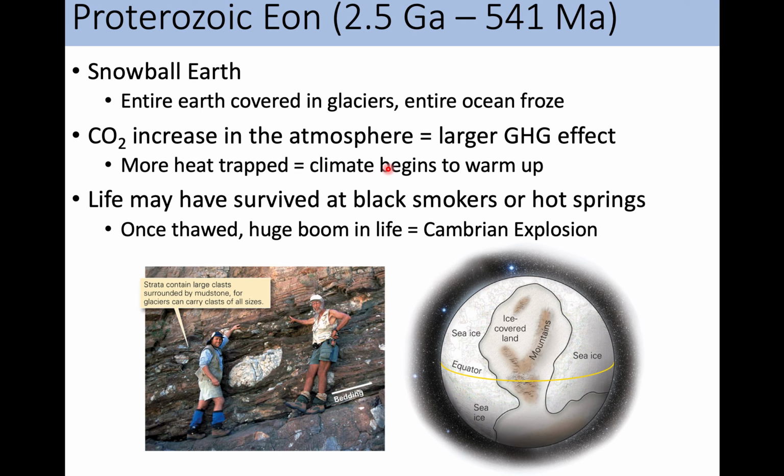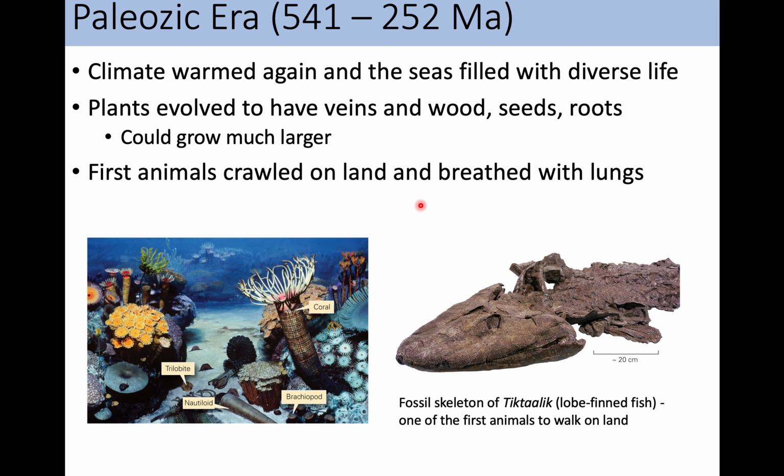Once that glaciation warmed up again, the climate was stable enough for a long amount of time that we had another big boom in life. So the ocean was able to diversify and evolve quite a bit. And on land, we started to see plants that had roots, plants that had seeds, and also plants that grew wood.